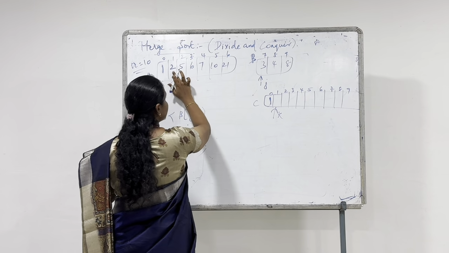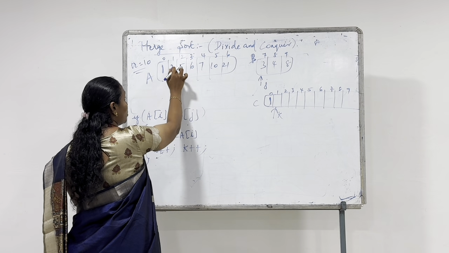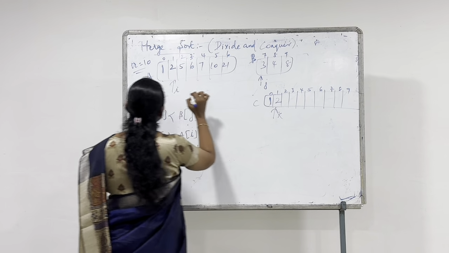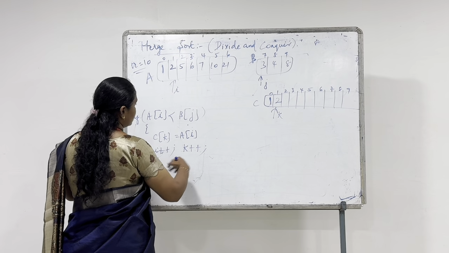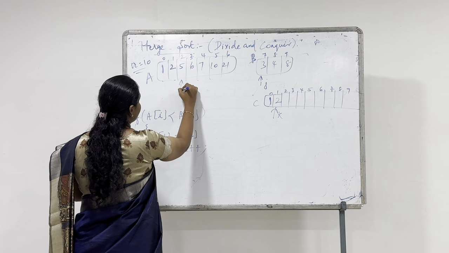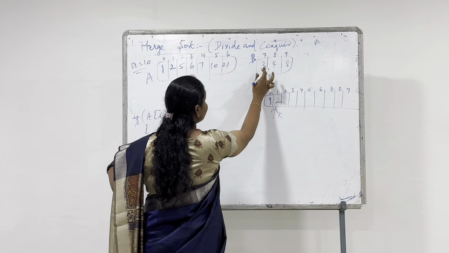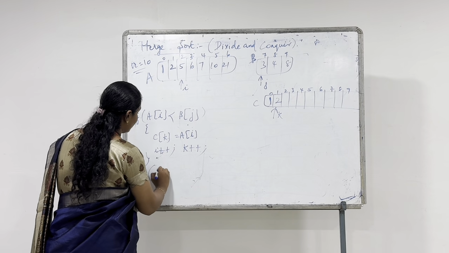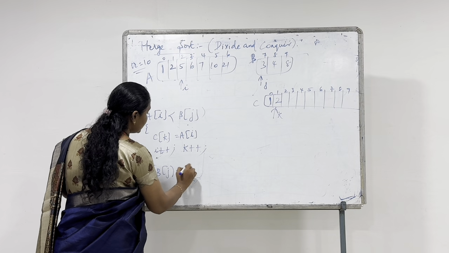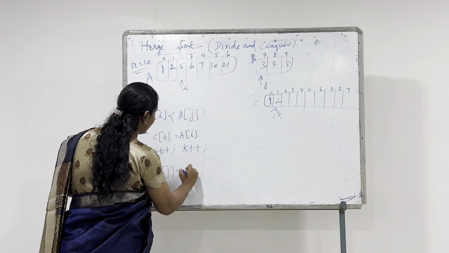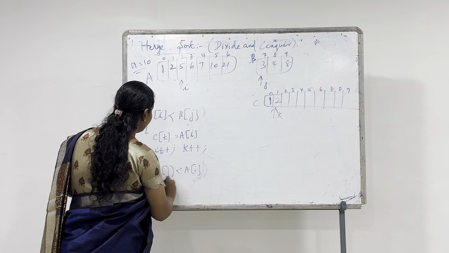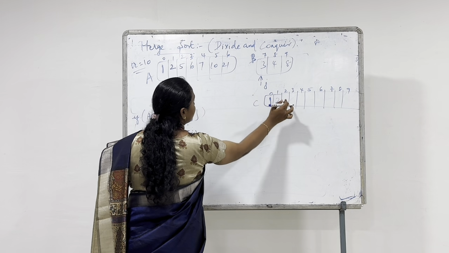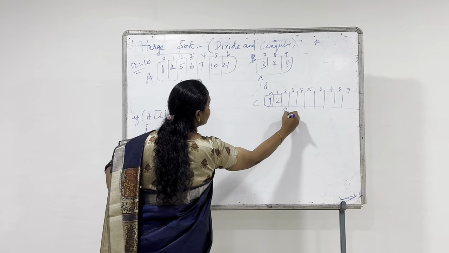Again this has the lesser value. So copy this 2, just move this 2 here, and then increment this I. Now compare 5 and 3. 3 has the lesser value. So if B of J has a lesser value compared to A of I, then what we need to do is move this value here to C array.